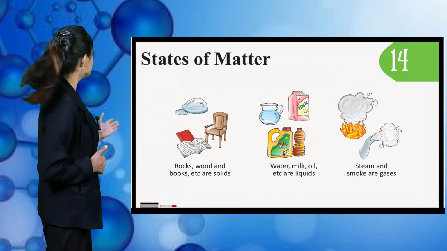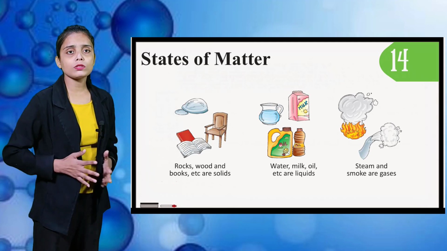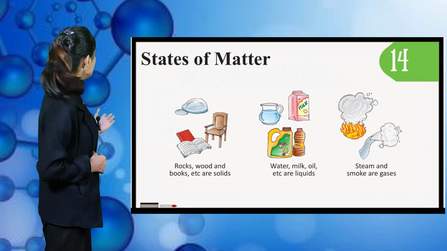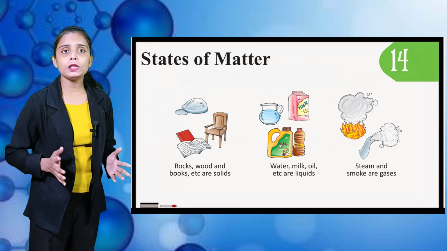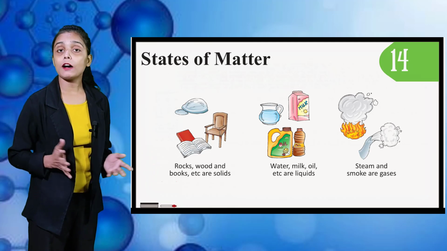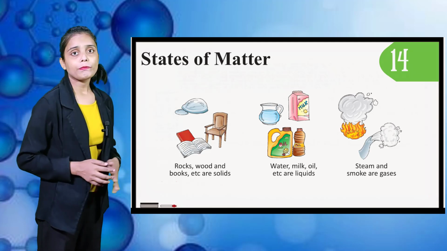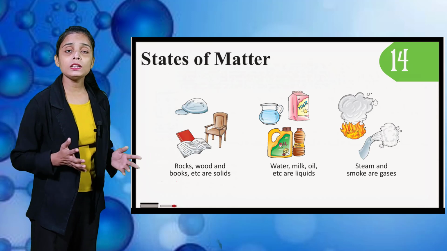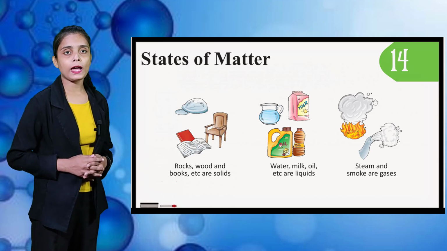So here you can see the picture that is showing rocks, wood and books etc. are solids. Then you can see water, milk, oil etc. are liquids. After that, steam and smoke are gases. So these are the three states, that is solid, liquid and gas.